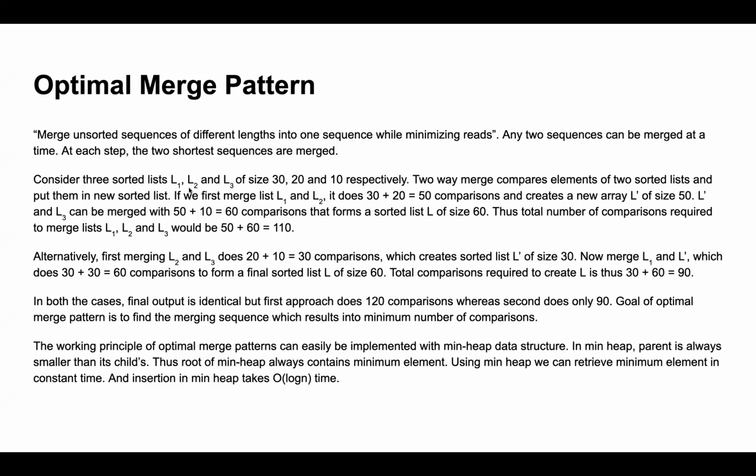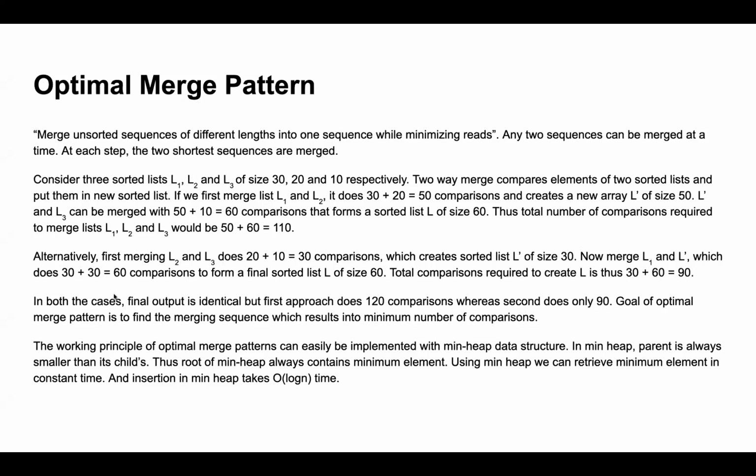Here, when we took the sequence L1, L2 and L3, it was 110, but when we took the sequence L2, L3 and then L1, it became 90, meaning it was minimized. In both cases the final output is identical, but the first approach does 110 comparisons, whereas the second does only 90.